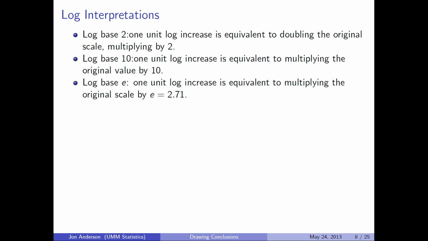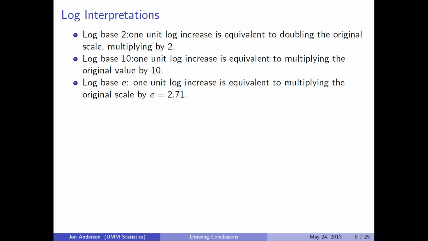If you have a different base of logs, you have to interpret them differently. So if a predictor is measured in log base 2, you've seen that we have to interpret it as doubling the original predictor. If, however, our predictor has been measured in log base 10, that means to interpret a logarithm effect, we basically interpret it by saying that we are going to increase the original predictor value by a factor of 10, not a factor of 2.